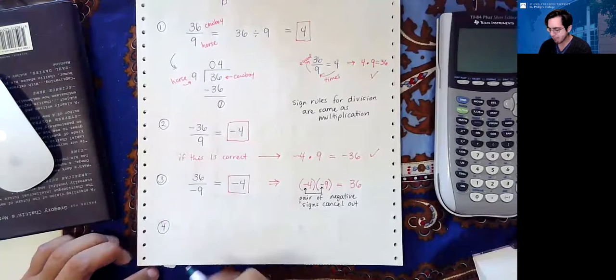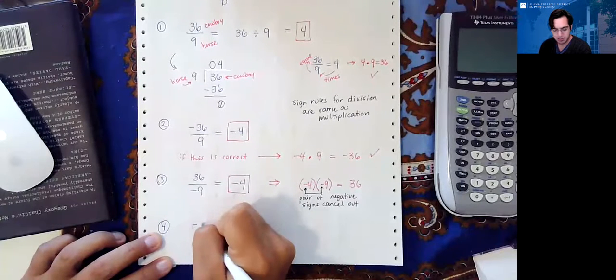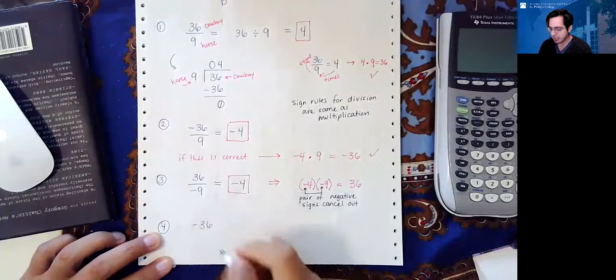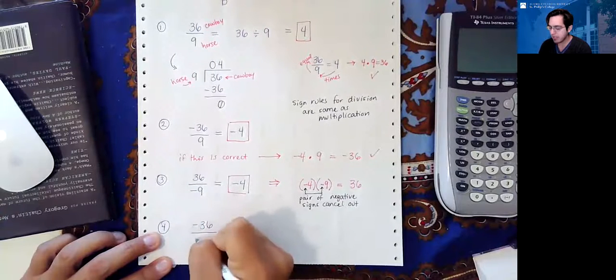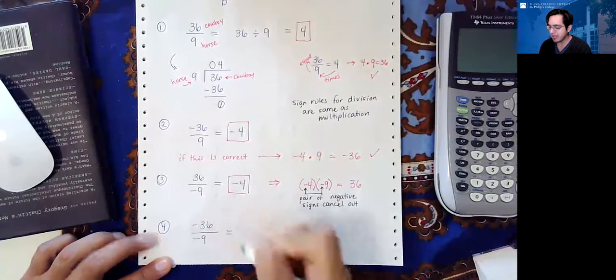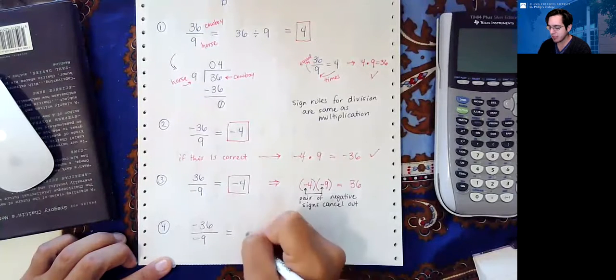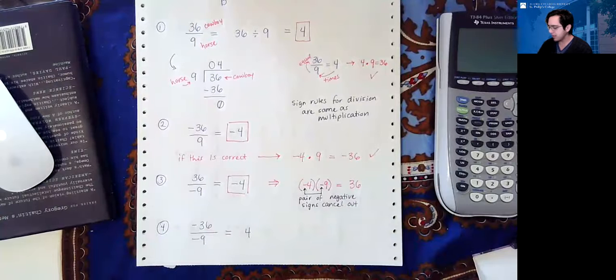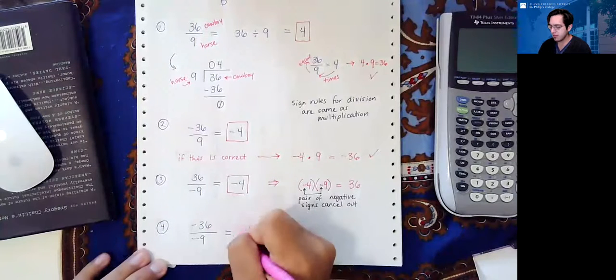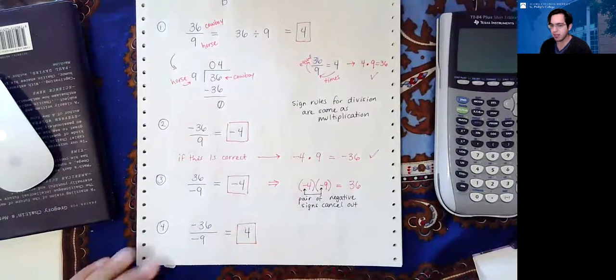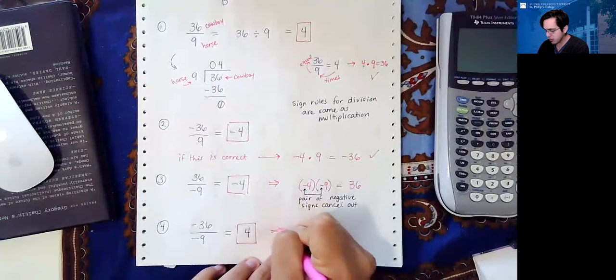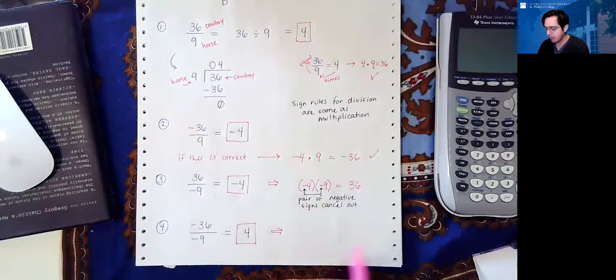Okay, one last flavor of this problem. -36 divided by -9 is equal to what? +4. Okay, and the reason why that is, again, always go to the world of multiplication to verify.